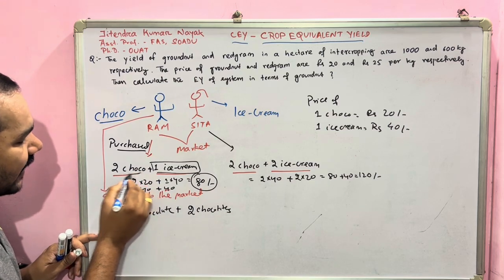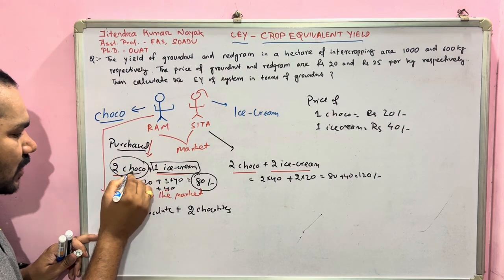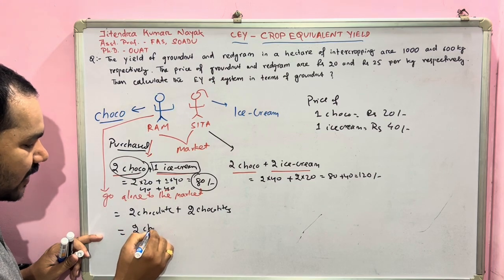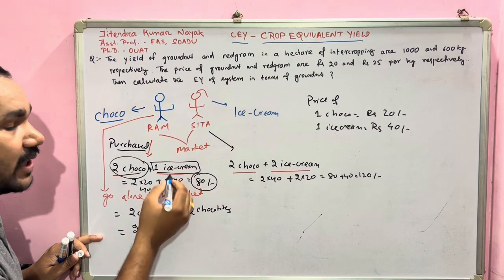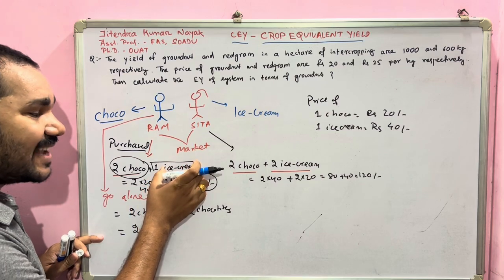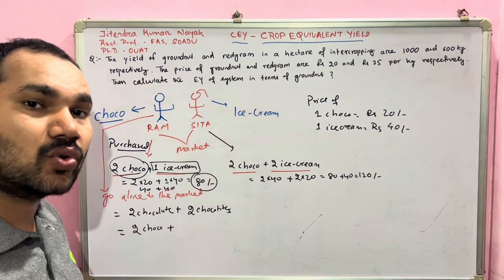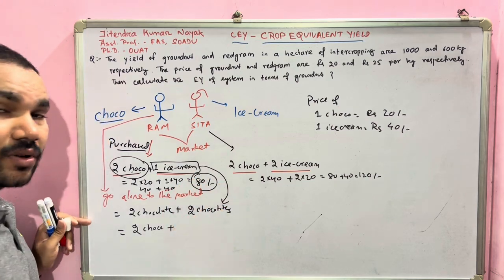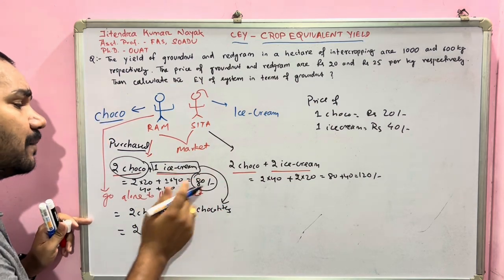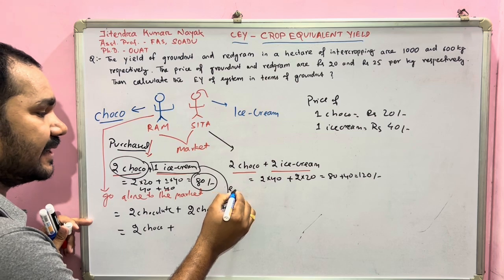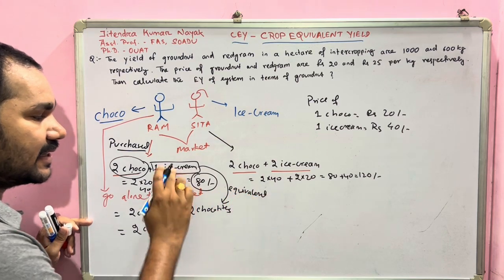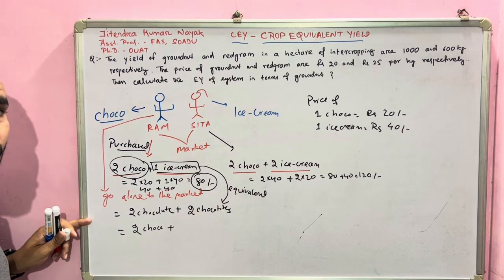The chocolate remains constant, so 2 means 2 chocolates. And now you convert one ice cream into chocolate. One ice cream is equivalent to how many chocolates? 2 chocolates.